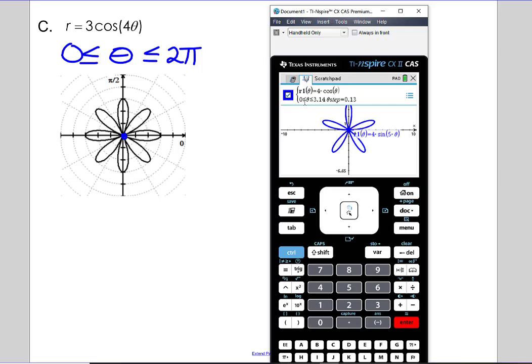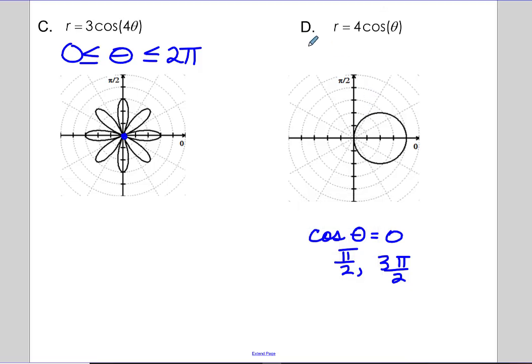And notice that my interval is set from 0 to pi. We can clearly see that we get the full circle in pi radians, or we complete the circular curve in one complete cycle.